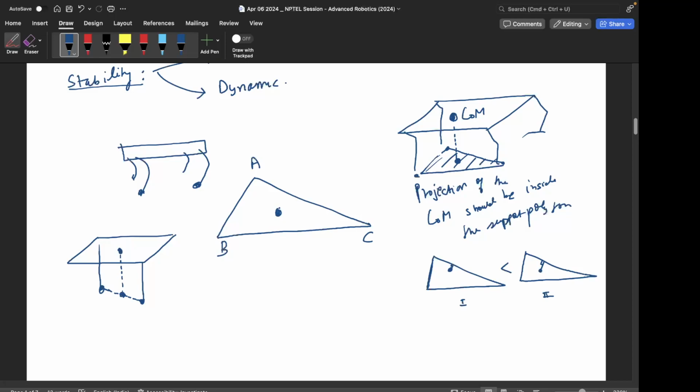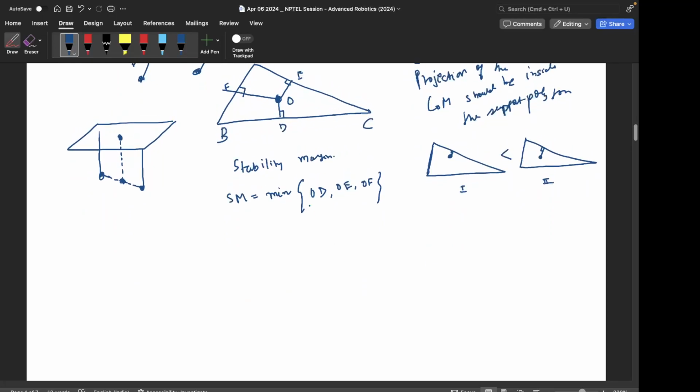So a commonly used metric is called the stability margin, right? So this is the minimum distance. So draw perpendiculars on all sides. Let these be D, E, F. Then the stability margin SM is the minimum of, and this is O, so the minimum of OD, OE, OF, right?